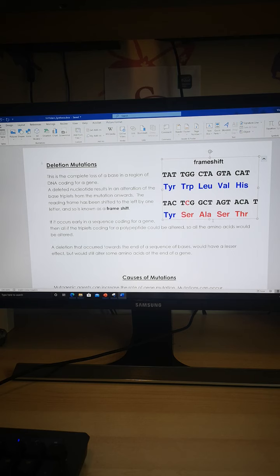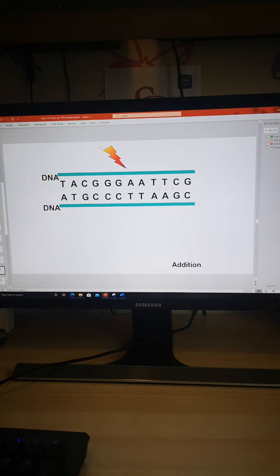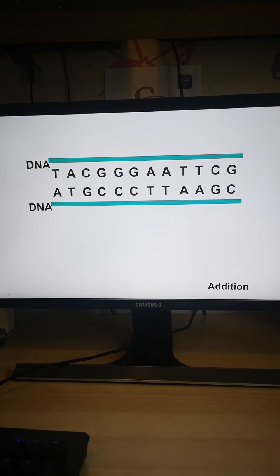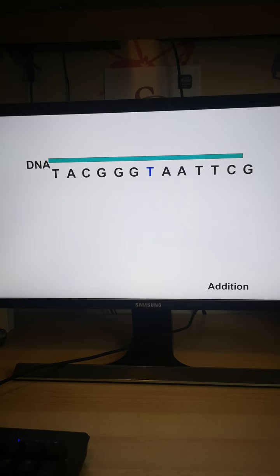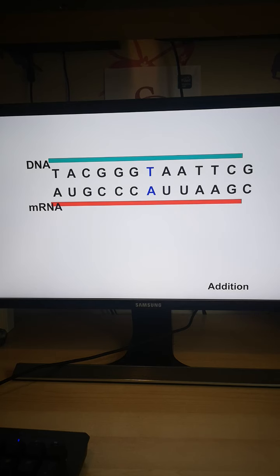Now, addition mutations are only on the second year of our course, so it's not something we were going to talk about yet. But now I feel I need to explain it to you a little bit more. So addition mutations are literally the opposite of a deletion mutation. We've got a base added to the base sequence for that gene, which causes a frame shift to the right this time.